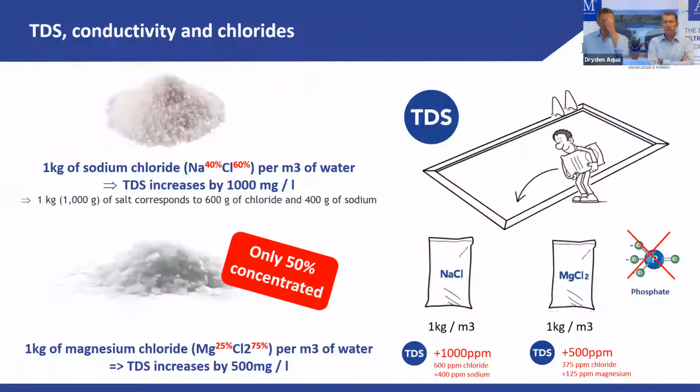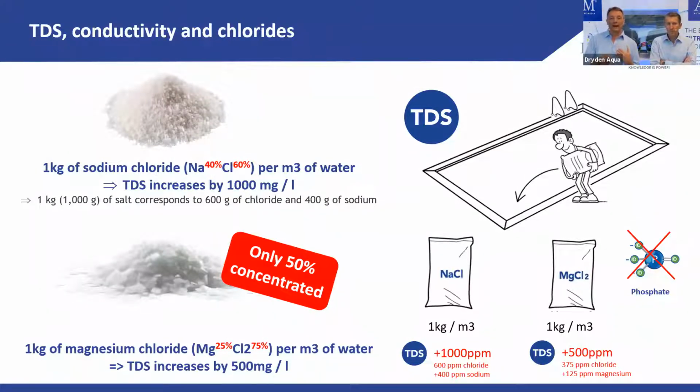Okay, why is this? Let's quickly compare salt and magnesium chloride. We have here salt, sodium chloride, 1 kilogram that we add per cubic meter of water. So we increase the TDS by 1000 milligrams per liter. Salt is 40% sodium by weight and 60% chloride.